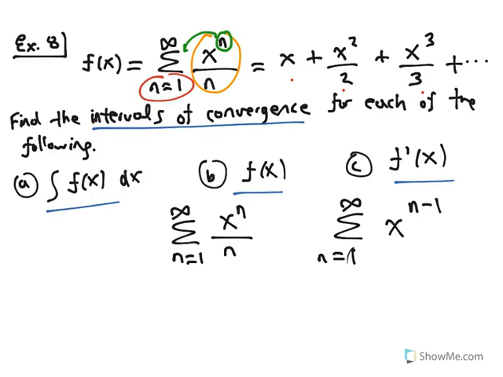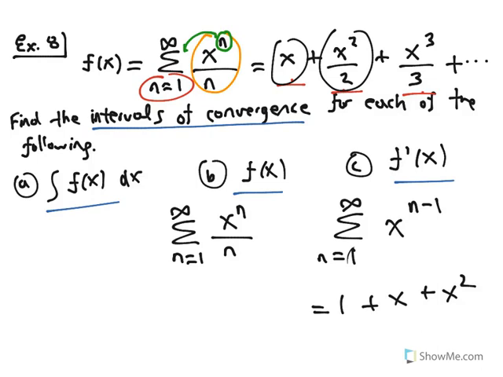And again, if you're in doubt, just look at the first three terms of the power series for f of x. If you differentiate x with respect to x, you get 1. If you differentiate x squared over 2, you get x. And here you're going to get x squared.